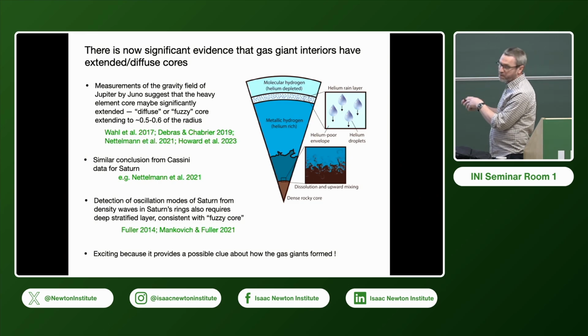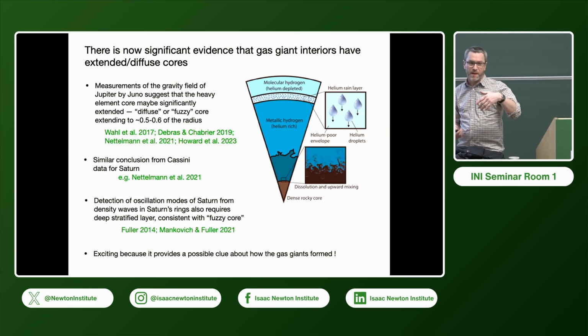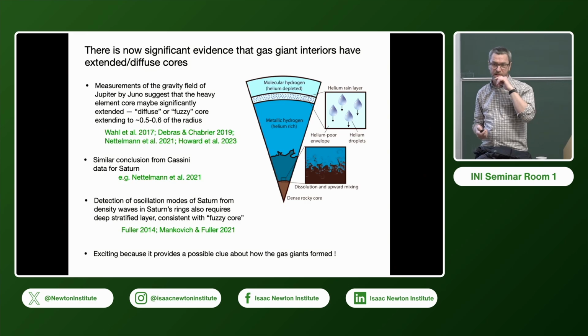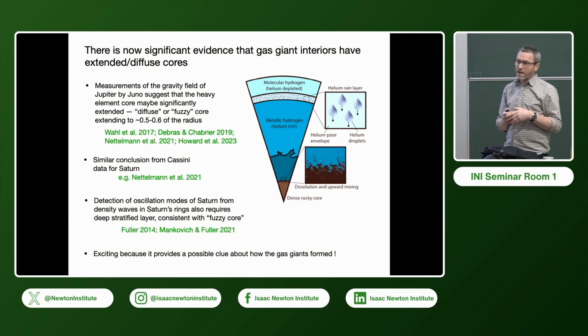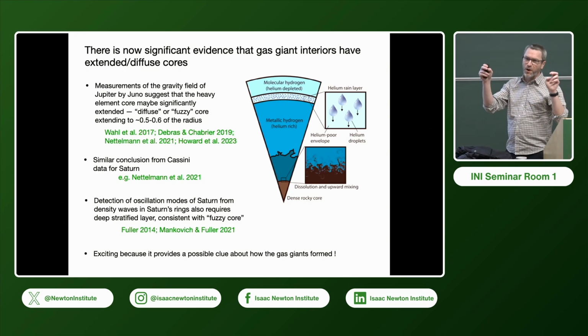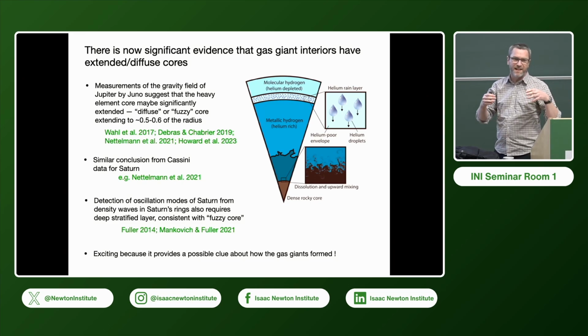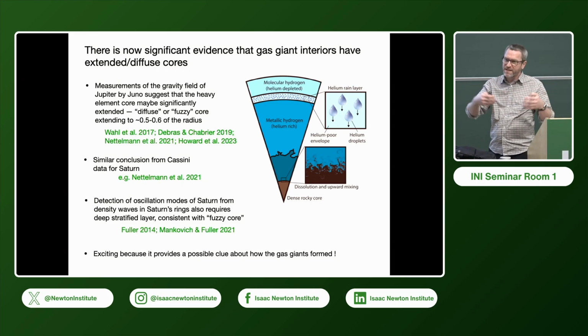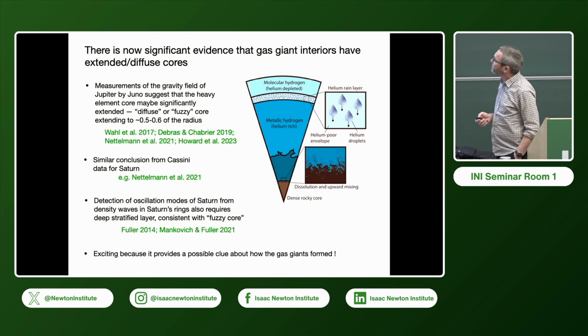And this extension could be as much as 50%, even 60% of the radius. So it's a very significant extension. And this is sometimes called a fuzzy core or a diffuse core. So it's not a compact core, it's more of a diffuse core.